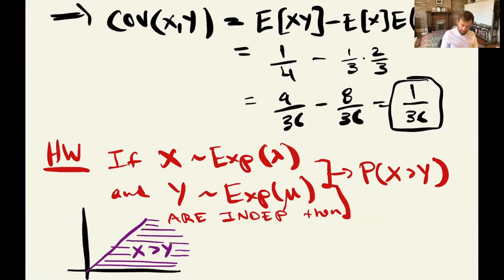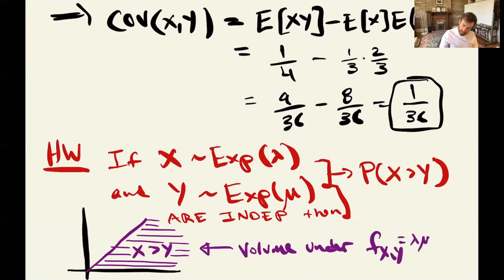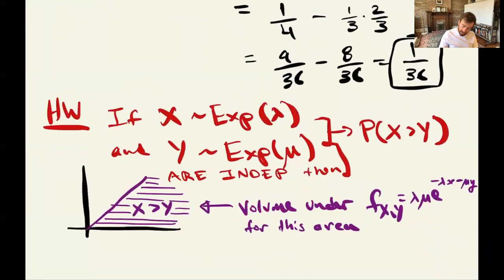And that should tell you, so this, the volume under f of xy, which is going to look like lambda times mu e to the minus lambda x minus mu y for this area, that right there is going to equal the probability that X is greater than Y. All right, and we'll do this calculation in a live session soon.